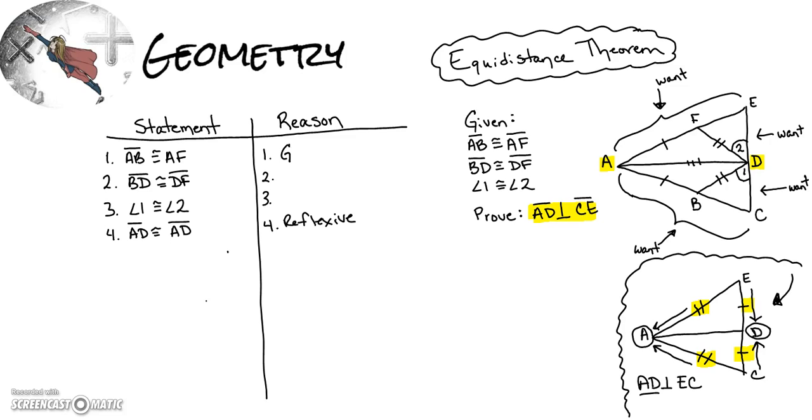So I'll just put given, given, given. All right, but now we have enough to say that triangle AFD is congruent to triangle ABD by SSS.